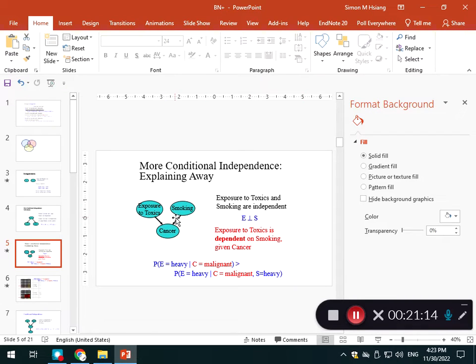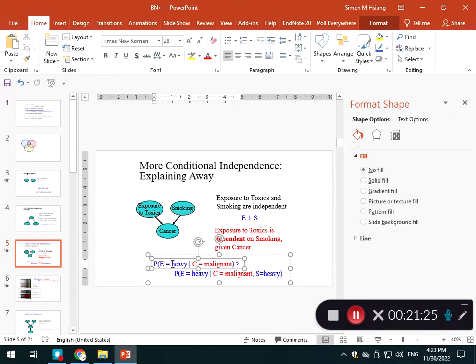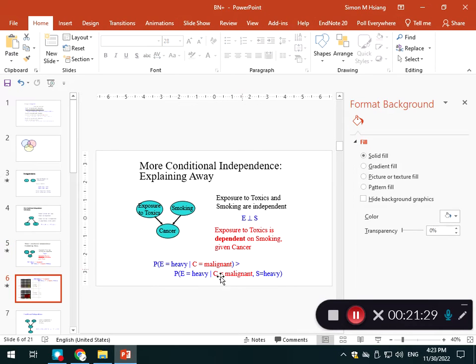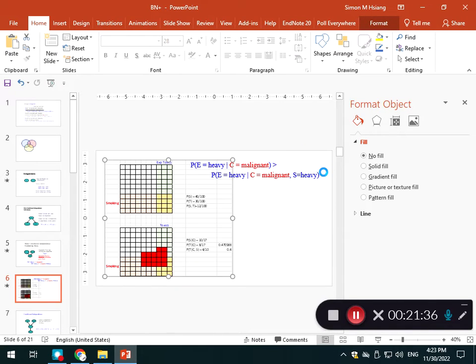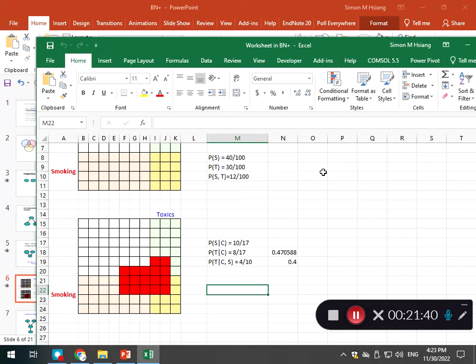But if I frame it and say, given that I know whether you have cancer or not, then these things become not independent. And in this case, this probability is greater than this probability. How did I do that? That's the example I just showed you. I made this up just an hour ago, right before the class.